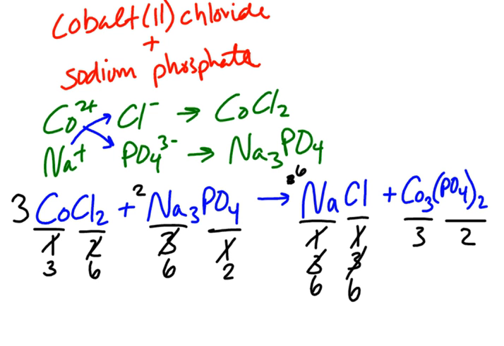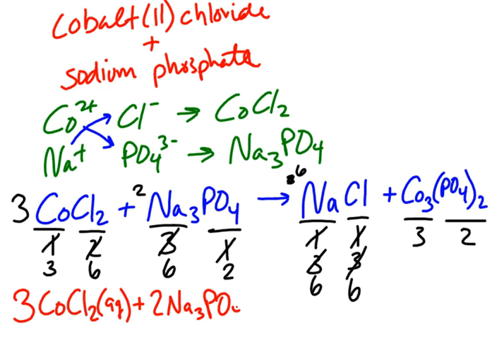So, my overall balanced equation, if I was to rewrite it, let's go ahead and do it in red, on the bottom here: 3 CoCl2 aqueous, plus 2 Na3PO4, also aqueous, forming 6 NaCl, which is aqueous because I can look at the solubility rules.